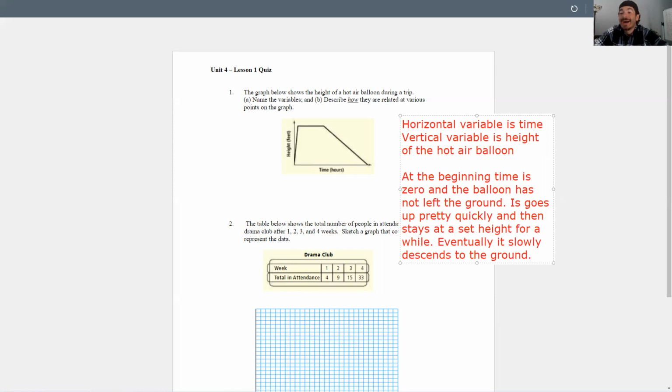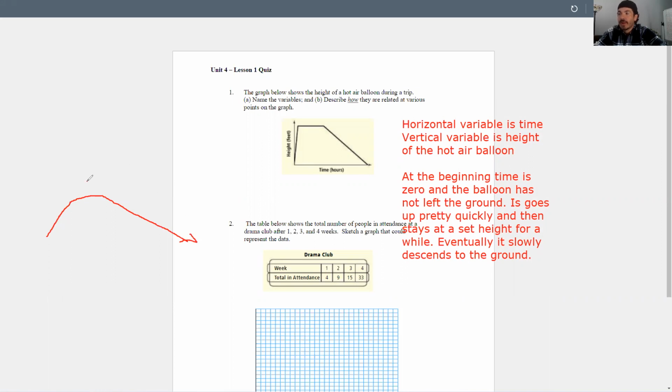How do you like me now? Again, this balloon is not traveling across space. The balloon is not going up, up, up, up, up, down, down, down, down, down. This is not what the balloon is doing.